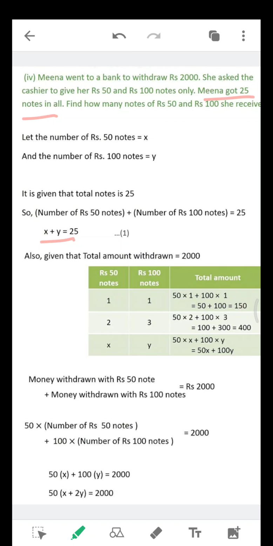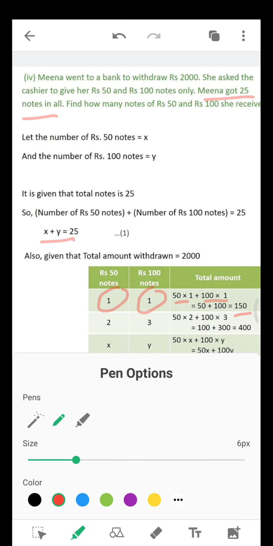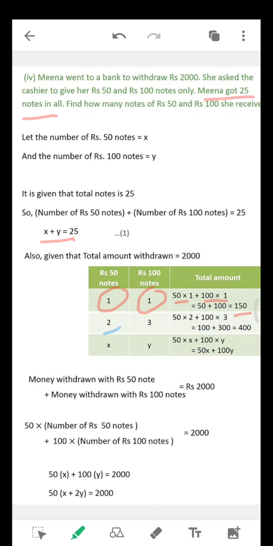So here there is a table to easily understand the concept. Suppose you have one note of 50 rupees and one note of 100 rupees, that is 50 into 1 plus 100 into 1, you have 150 rupees. Okay, suppose you have two notes of 50 rupees and three notes of 100 rupees. How much money do you have?